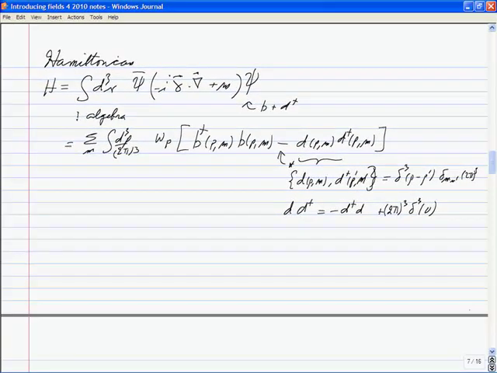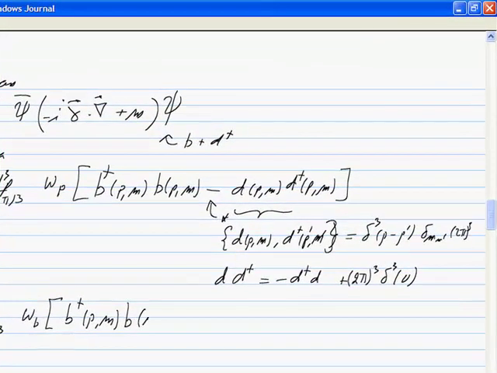After doing this, this turns into the right thing. The Hamiltonian turns into the usual stuff: sum over m, integral d^3p over (2 pi)^3, omega_p, times b dagger b plus d dagger d. So the energies have the right sign.